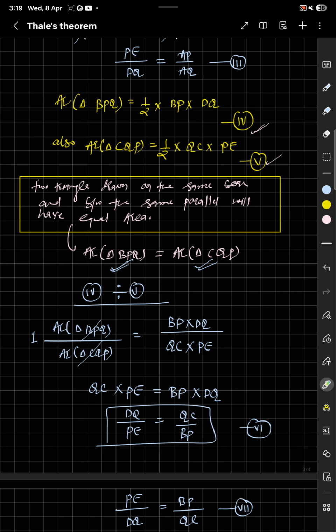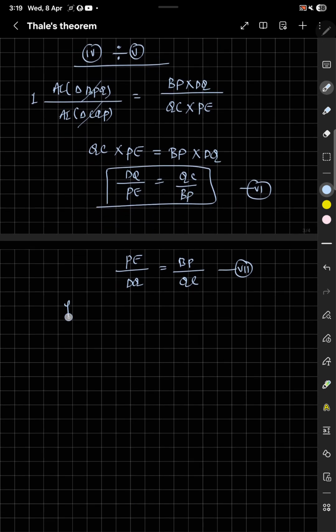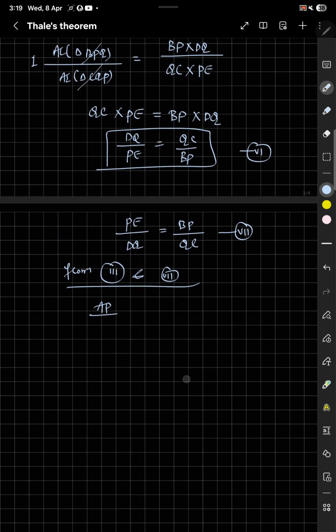So what we can conclude from 3 and 7 is AP upon AQ is equal to BP upon QC. Okay? And this is what we have to prove.